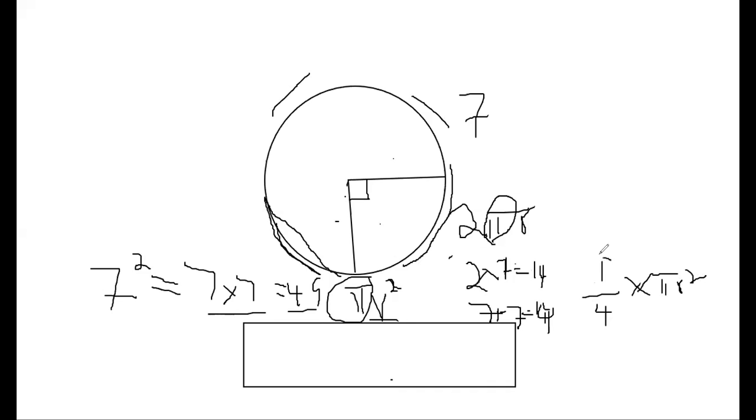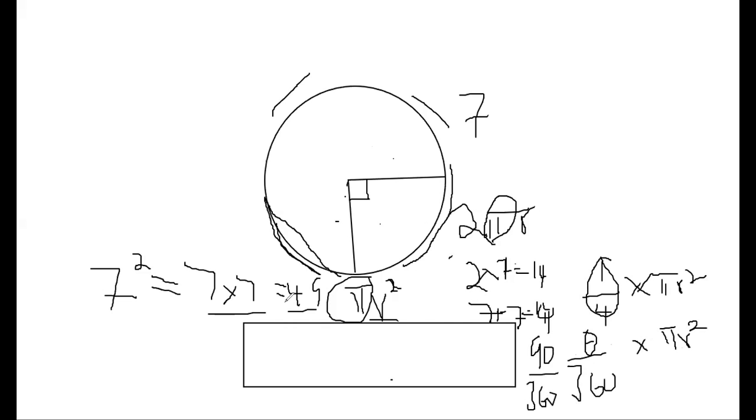But we don't want to use this quarter here, but we want to use the angle there. Therefore, using the angle there, which we normally represent by theta, we divide it by the total angle of the circle, which is 360 degrees. Then you multiply it by what? Pi r squared. In this instance, we know that our theta is 90, which is a quarter of 360, all over 360.